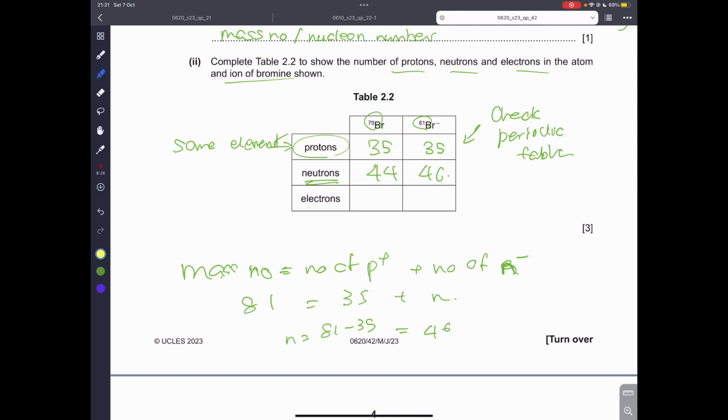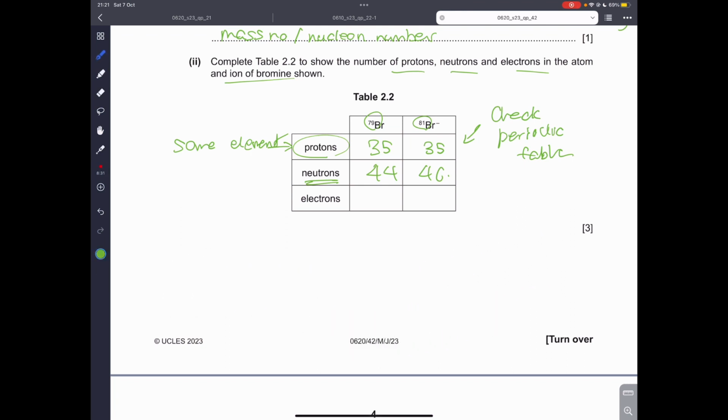Now, the next question is asking you about the electrons. Here you can see there's no charge over here. But here you can see there is a minus charge, a -1 charge. So this one is a neutral atom and this one is a negative ion. In other words, it has gained 1 electron.